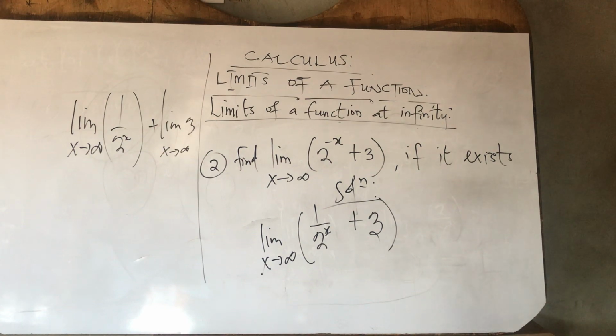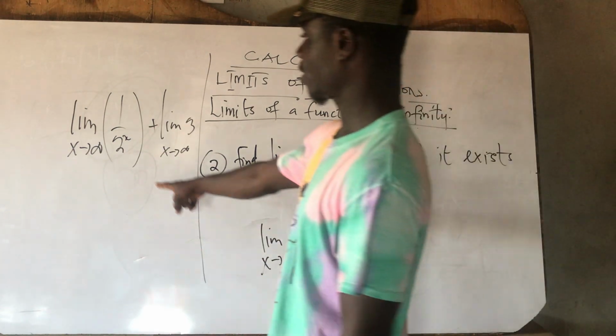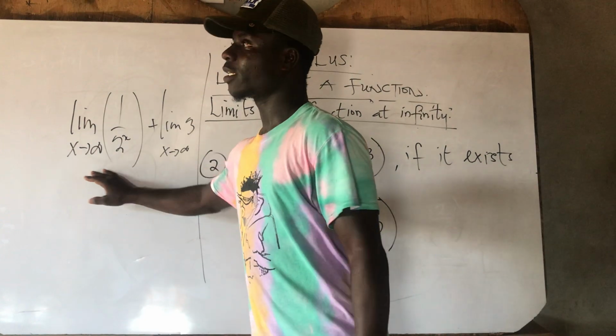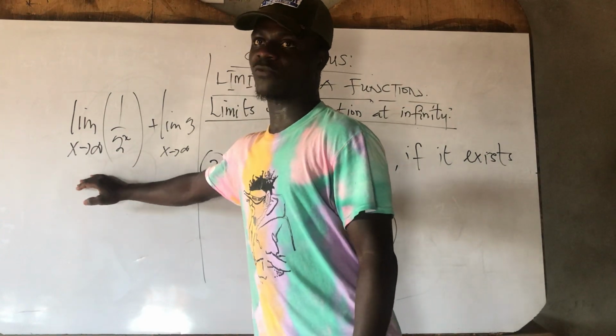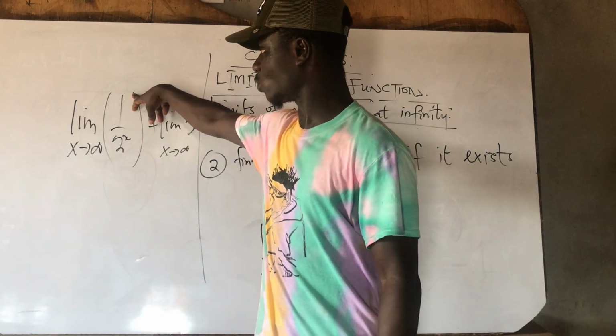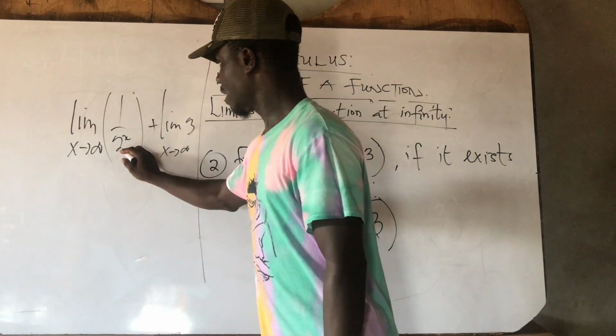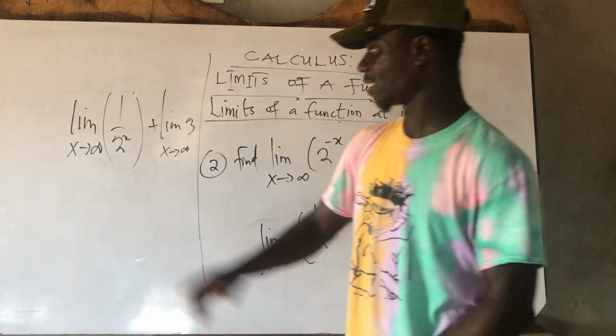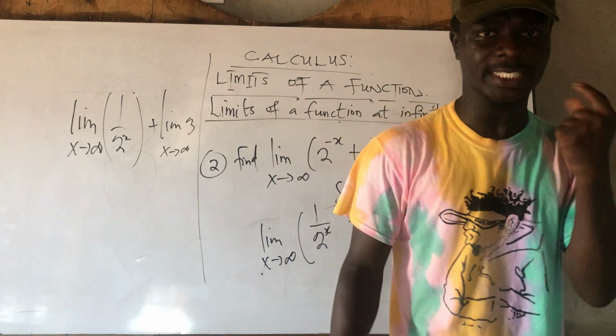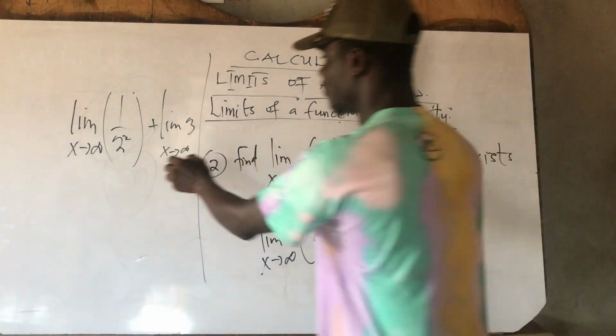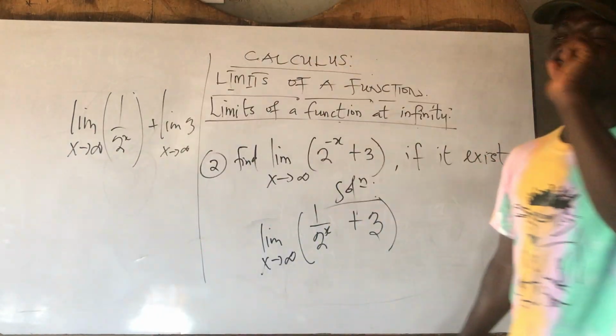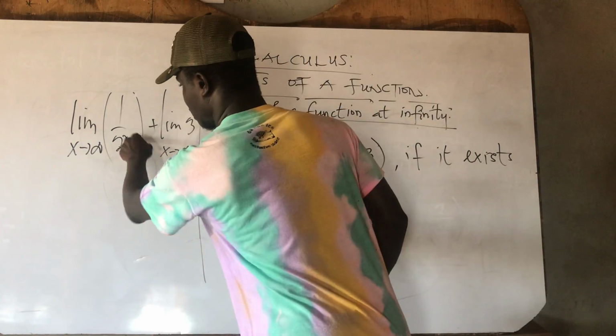So now, for the limit of this first function here, the function is 1 on 2 to the power x. That's an exponential function at the denominator. And we are placing in a larger value for the power of this exponential function.